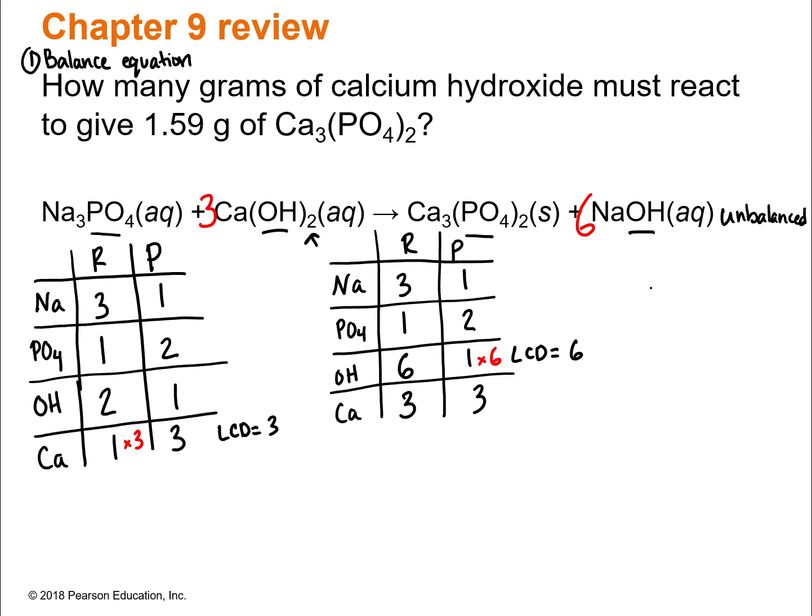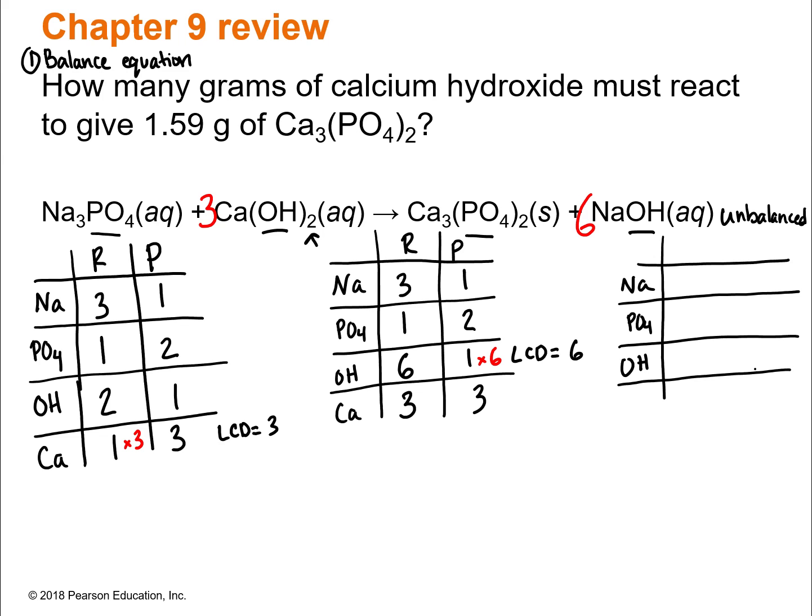So let's see what we've got. If you feel comfortable to do this without making a table every time, go for it. But when I demonstrate it, I like to make the table just so you can see what changes are happening and keep track of what we're doing and what we're changing.